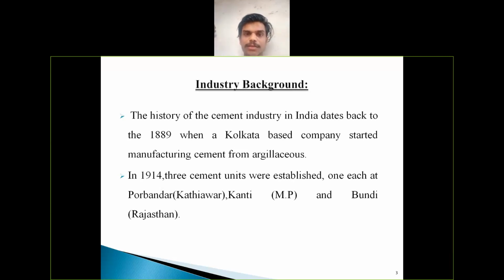The industrial background: the history of the cement industry in India dates back to 1889, when a Kolkata-based company started manufacturing cement. In 1914, cement units were established, one each at Porbandar and Bundi.